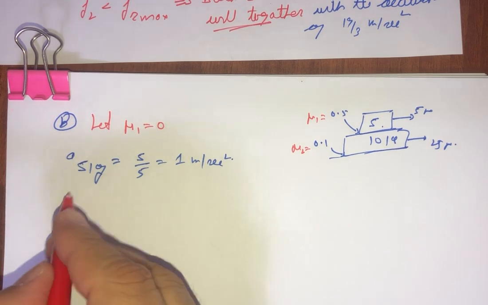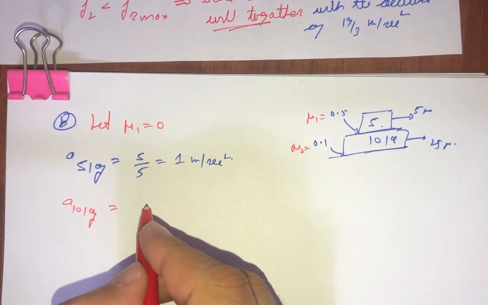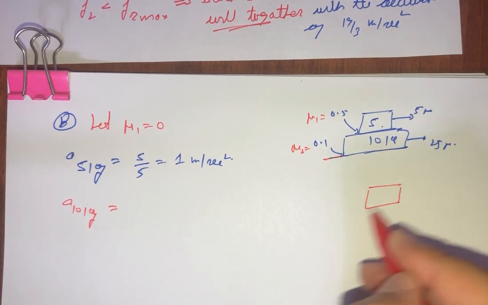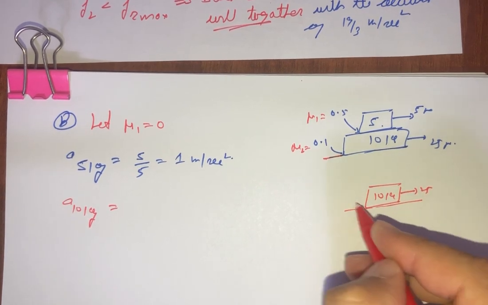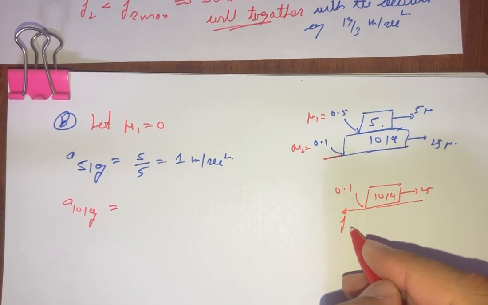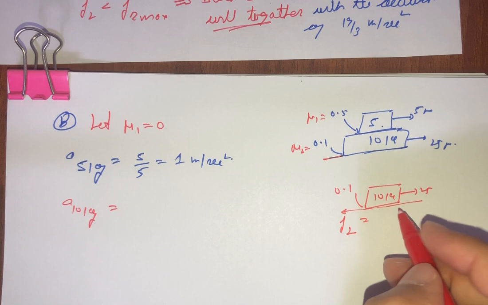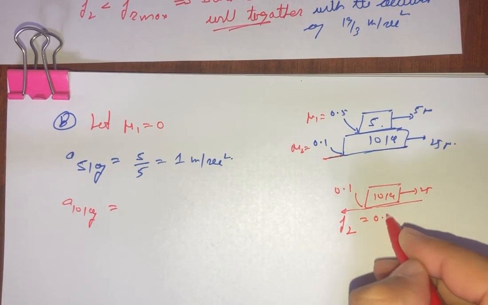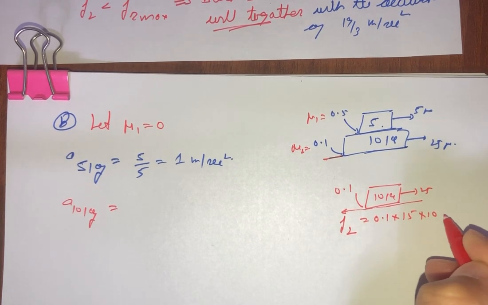The acceleration of the 10 kg block: force is 25 Newton, coefficient of friction is 0.1, so this F2 will be 0.1 into weight 15 into g, which is 10.